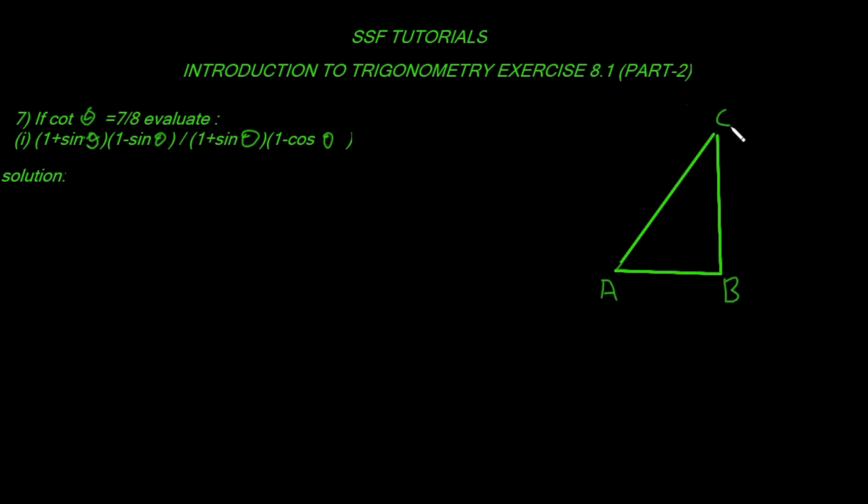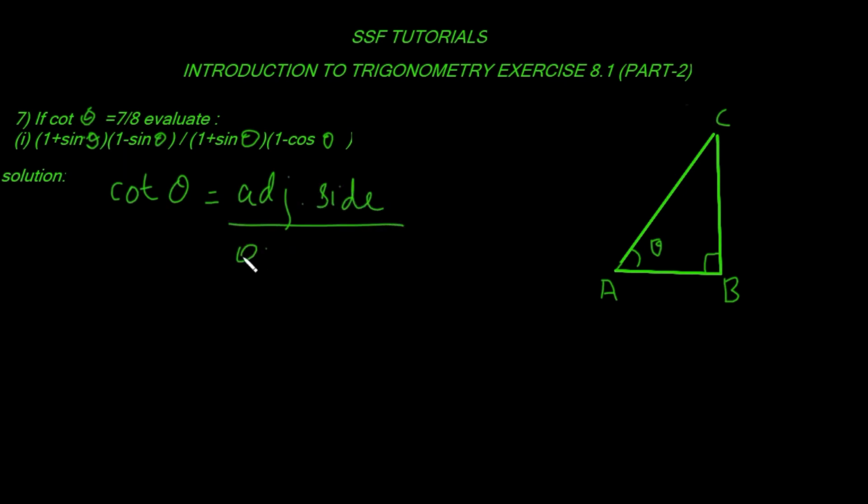Since we have to find cot theta, the angle which is formed at point A is going to be theta. I'm sorry for that. Let's make it a proper theta, like that. And it is right angled at B. Cot theta is equal to adjacent divided by opposite side.